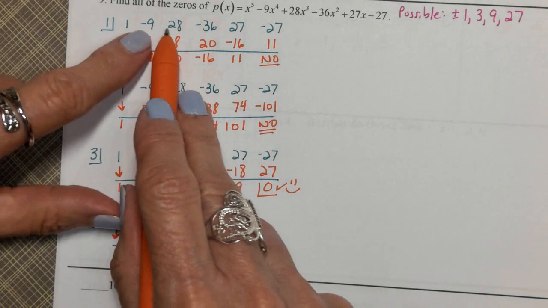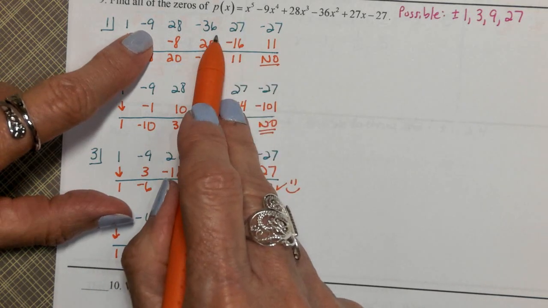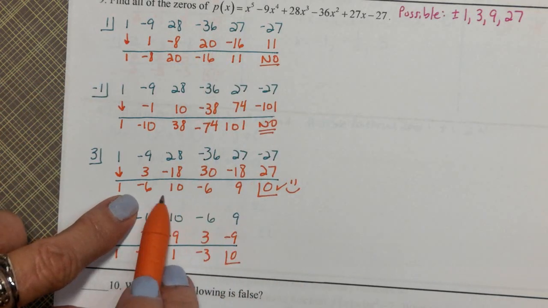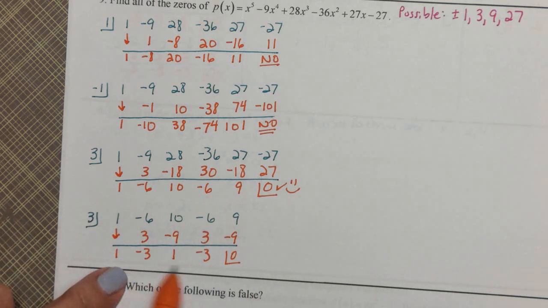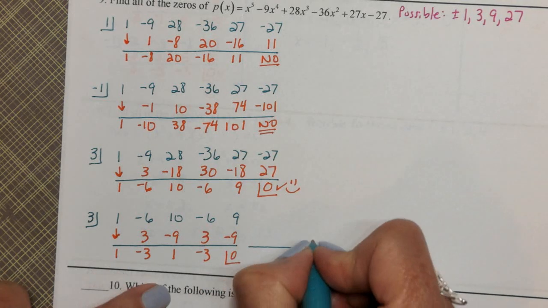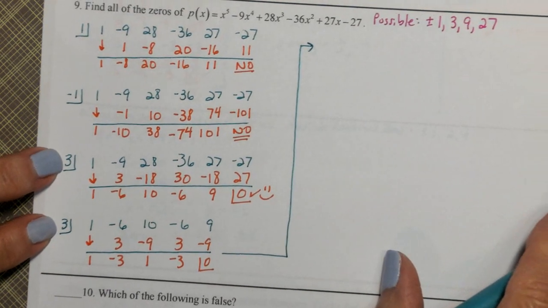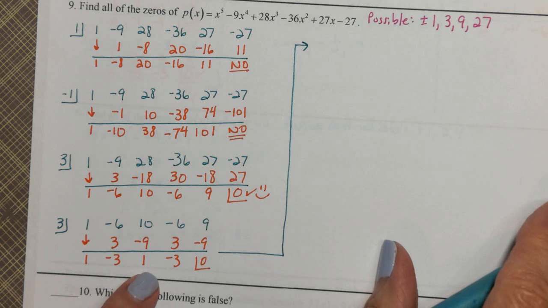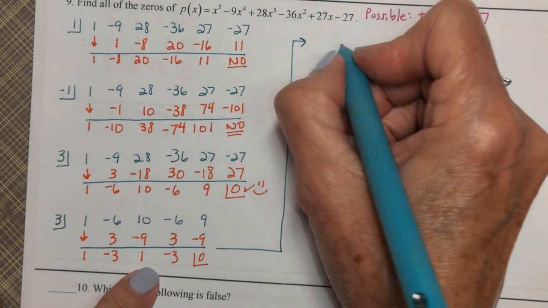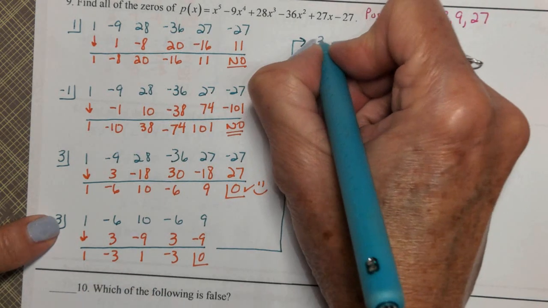I started with a quintic, 5th degree, and then I got down to a quartic, and now I'm down to a cubic. So I need to find one more zero. So far I know that 3 is a double zero. Okay, but now I have this depressed equation. I'm going to try 3 again.